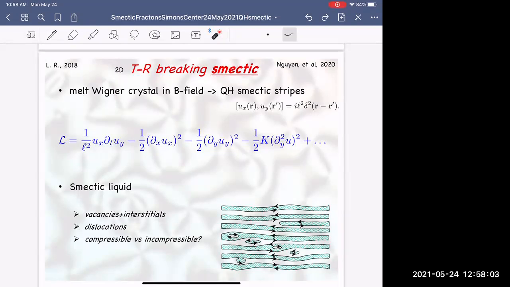We tried to think about this along the line of a coupled wire model, and we have some results, but they're not very decisive. So that's why I mentioned this as an outlook, so that we can translate whatever we have into a lattice model and then do numerics on it.